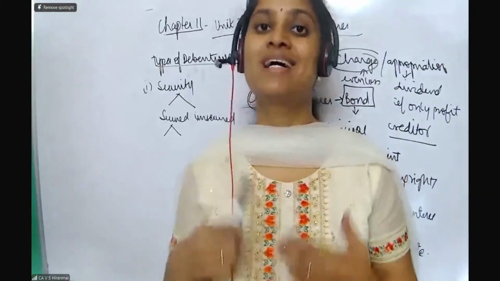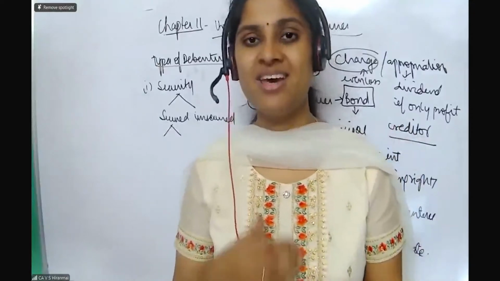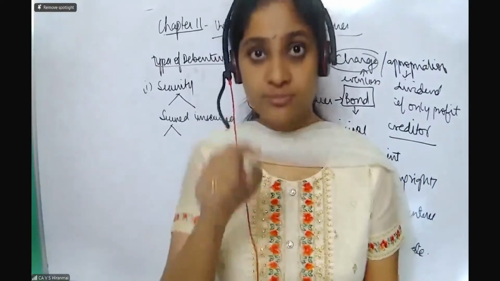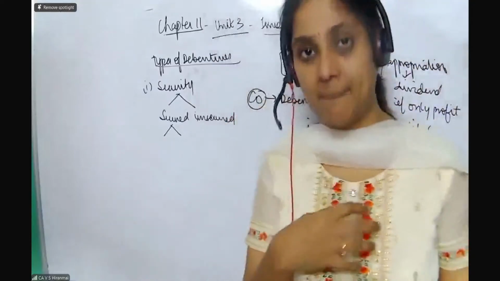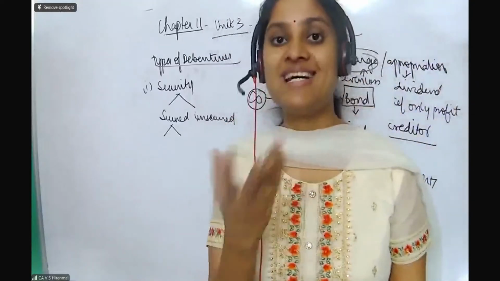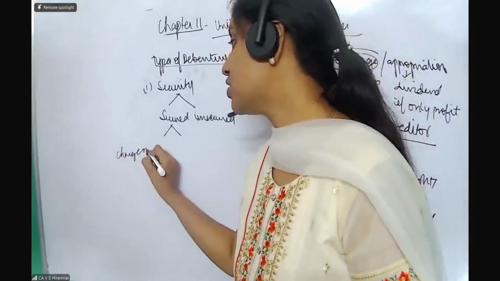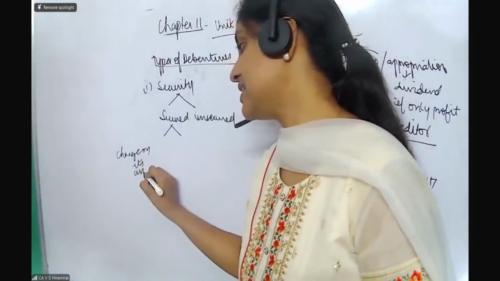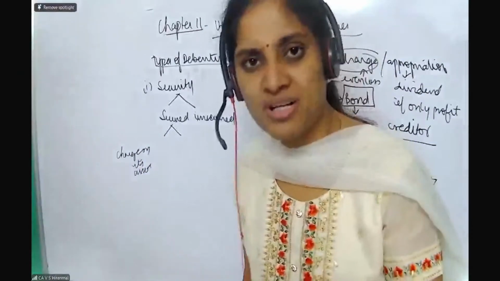The same way, when you ask people for money, they will have a doubt and say, I need some security. If you are taking secured debentures, it means the company is giving assets; it is creating a charge on its assets. So it says, in case I fail to pay your money, it is okay.